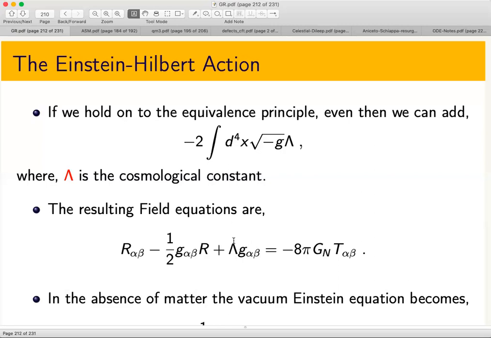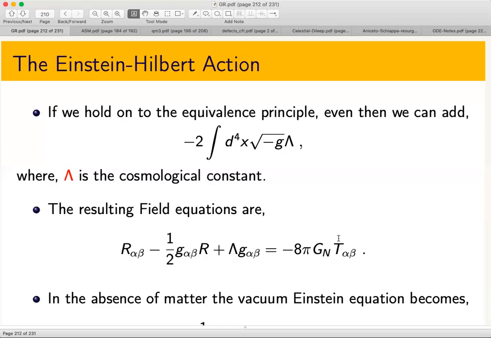And this new term is the cosmological constant term, which should give various interesting solutions. But the first important thing that you then realize, if you are looking at the Einstein equation for a vacuum configuration, that means you set the right hand side equal to 0, is that the new Einstein equation in the presence of the cosmological constant is r alpha beta minus half g alpha beta r is equal to minus lambda times g alpha beta.